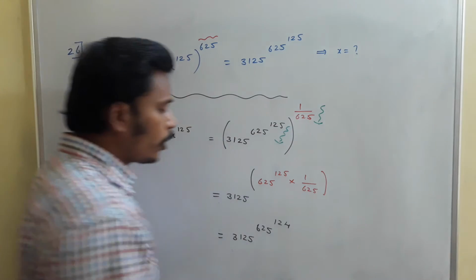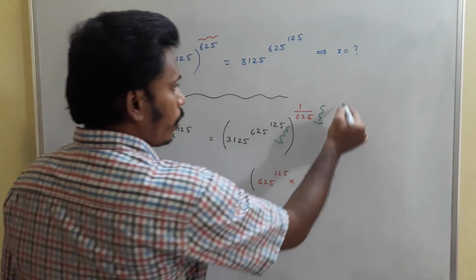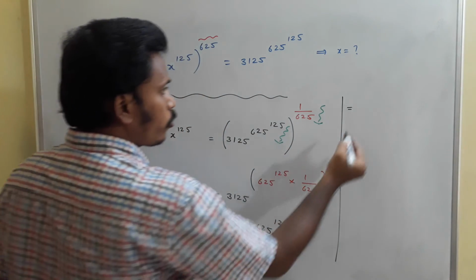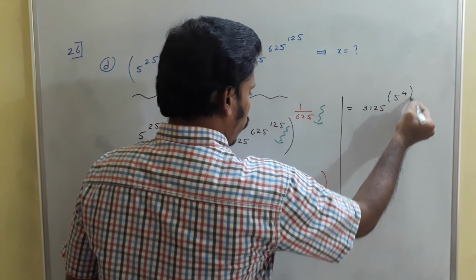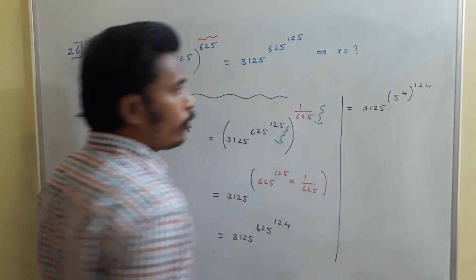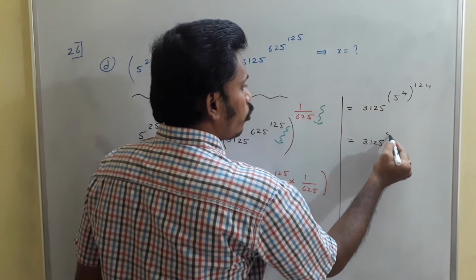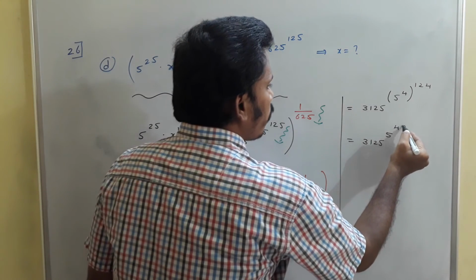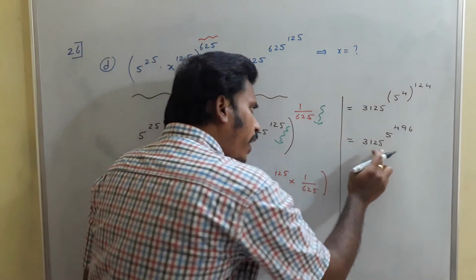So now I am trying to express this part. This part is equal to 3125 to the power 5 power 4 to the power 124, and this is equal to 3125 to the power 5 power 4 into 124. 4 into 124 is simply 496. Okay, and now rewrite this 3125.